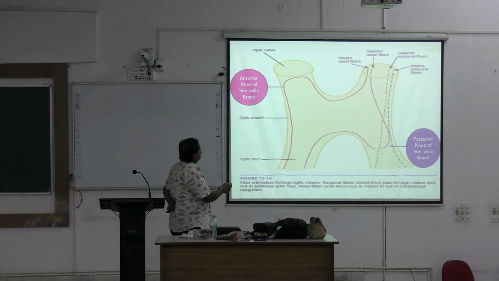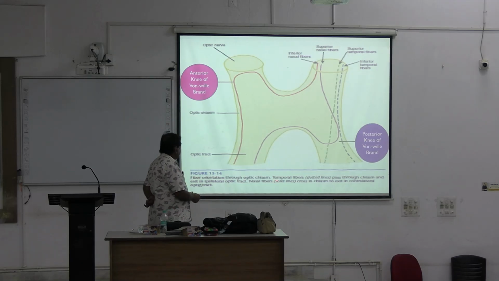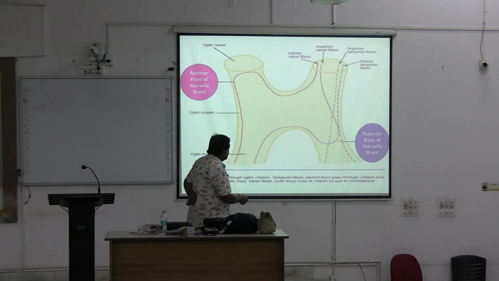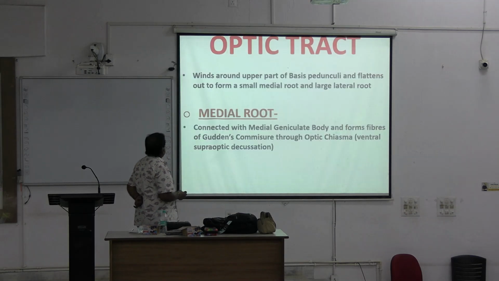Now, the fiber orientation through the optic chiasma: temporal fibers, the dotted lines, pass through the chiasma into the ipsilateral optic tract, and nasal fibers cross in the chiasma to exit in the contralateral optic tract.